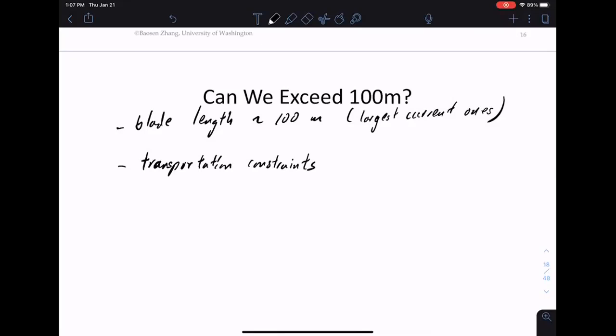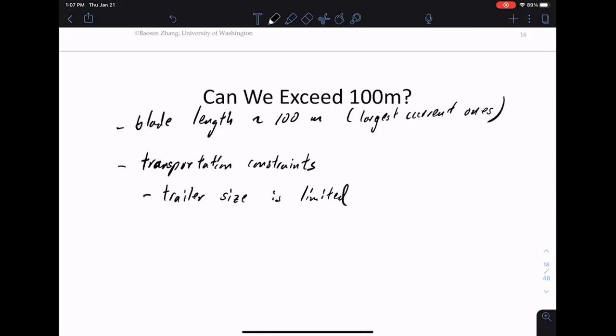You run into transportation constraints. Basically, this is your trailer size limit. You cannot put an arbitrarily large truck on the highway. So the biggest trailer we have can transport a blade that's about 100 meters long.